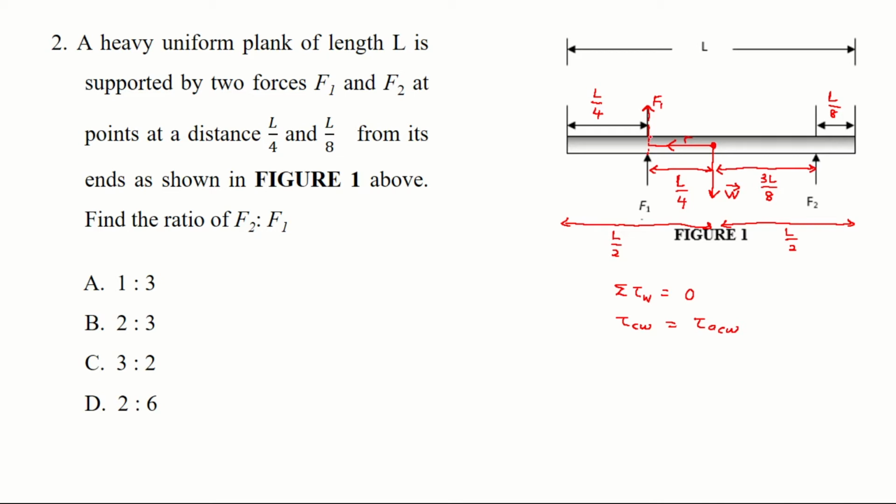The angle from R to F1 is 90 degrees, so the torque here is clockwise. From the axis of rotation to force F2, R2 is the distance to the action line of F2, and it rotates anti-clockwise.